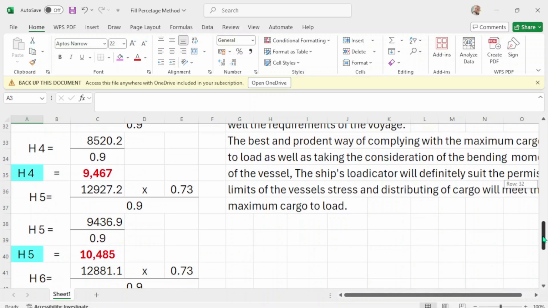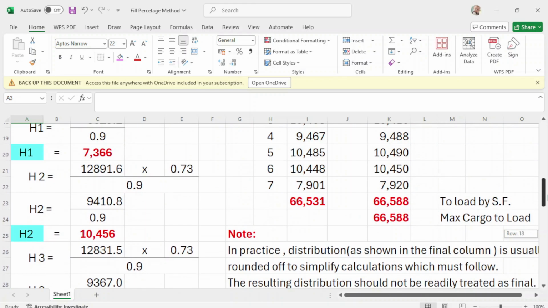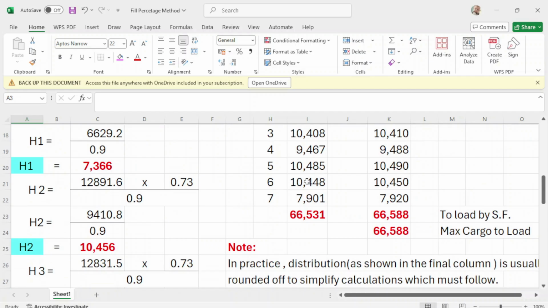The hold capacity of number 5 is 12927.2 times your percentage of 0.73 over your storage factor of 0.9, and the value of hold number 5 is 10485. Okay, then we go to number 6.